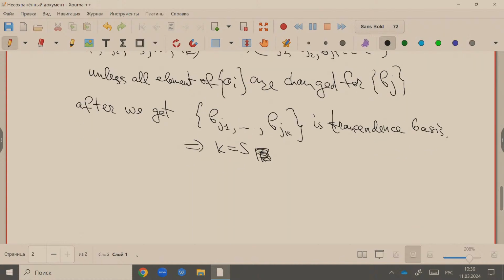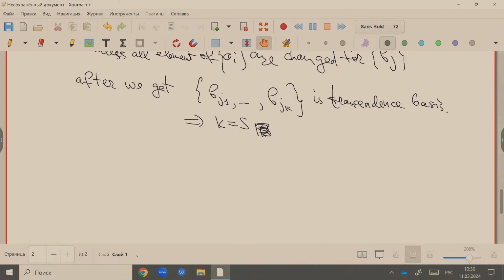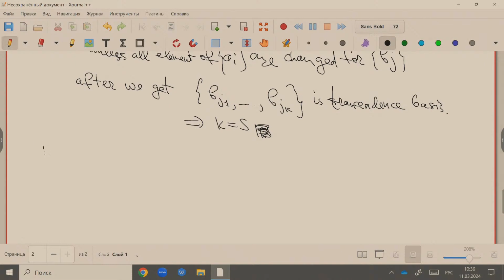Okay, clear? So then the idea is that now you can generalize this thing for the basis in the algebra. So this is precisely the Noether normalization theorem.